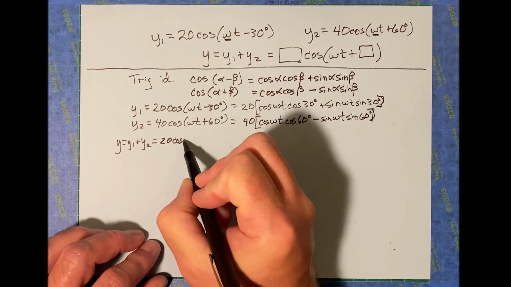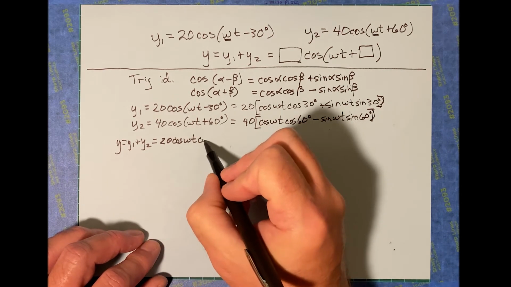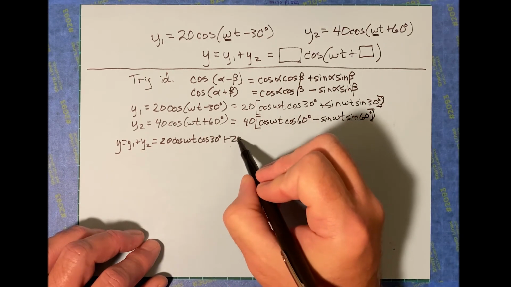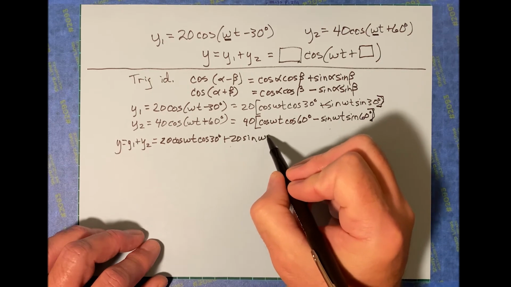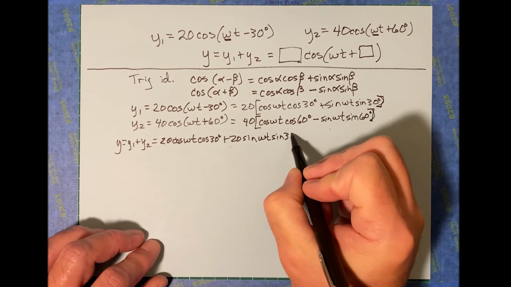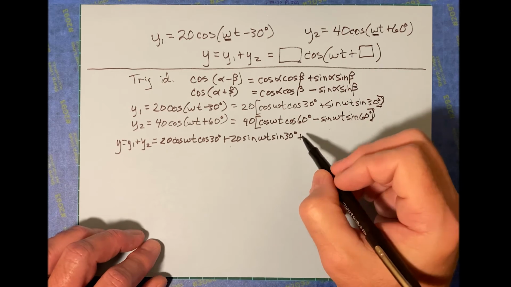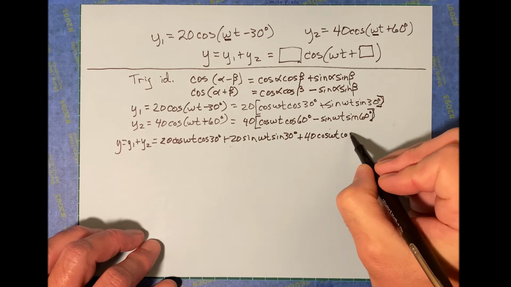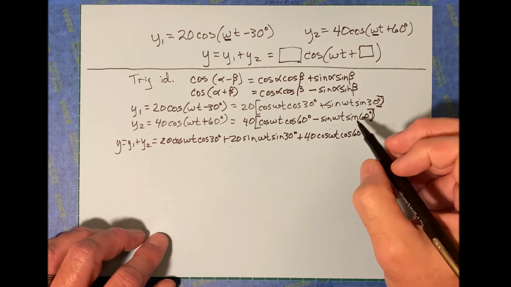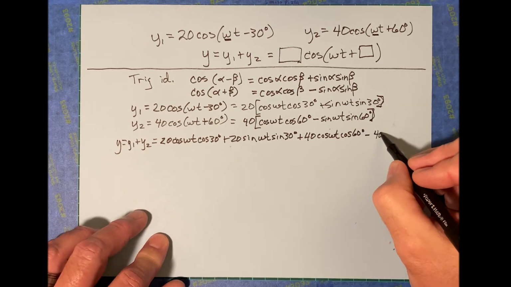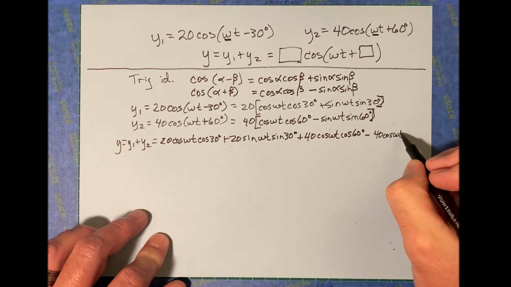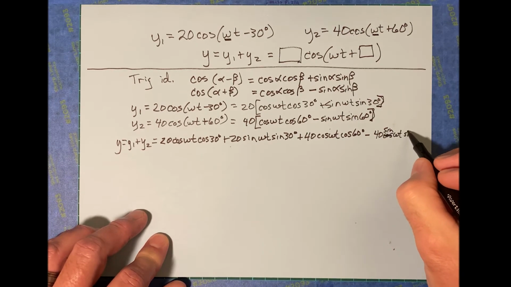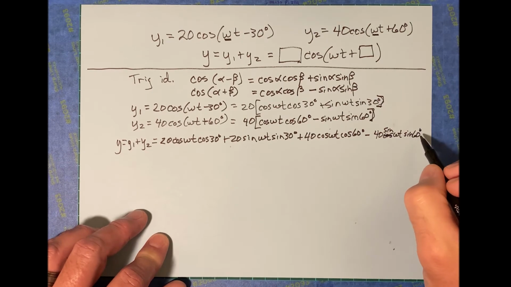20 cosine omega t cosine 30 degrees plus 20 sine omega t sine 30 degrees plus 40 cosine omega t cosine 60 degrees minus 40 sine omega t sine 60 degrees.